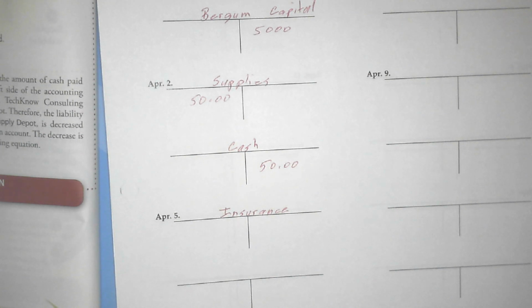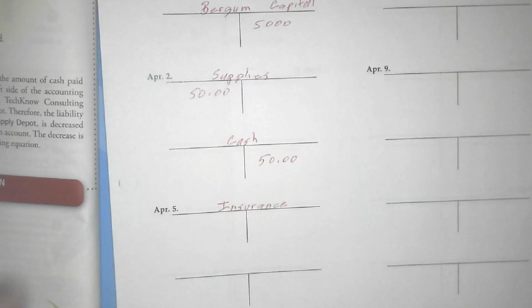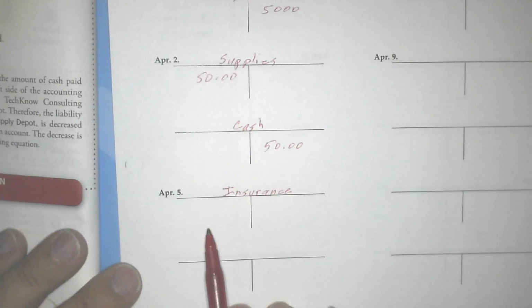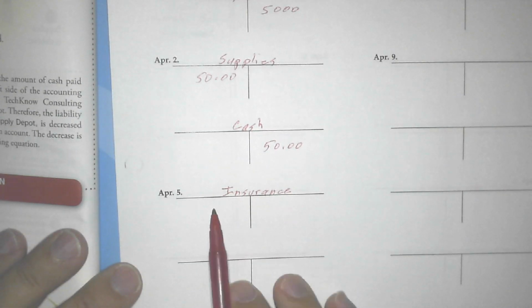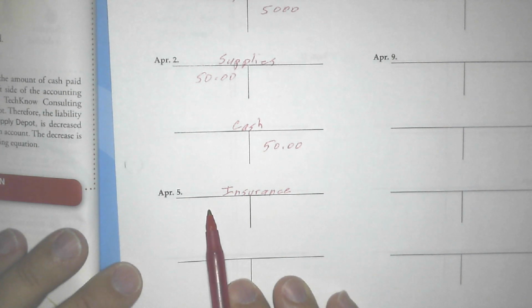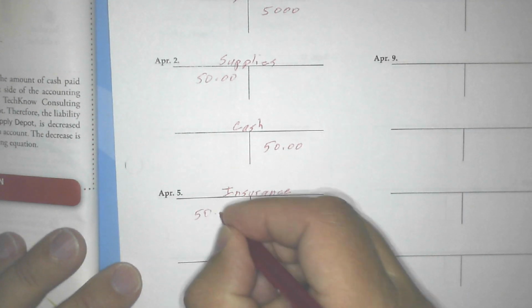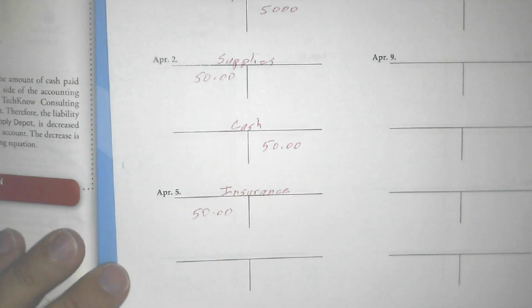If you remember on our debit and credit side, the increase in assets goes on the left side into the debit column. So $50.